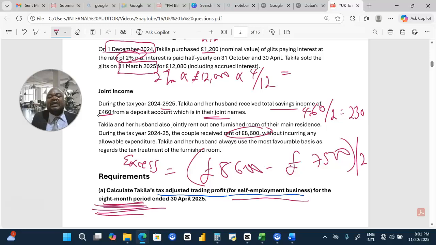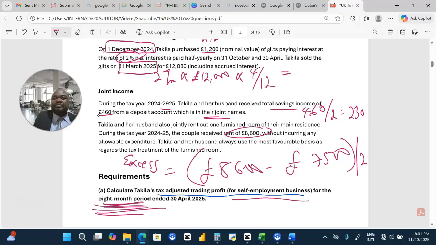That excess is not wholly going to be taxed in the hands of Takila, because this is a jointly owned room. Even in the hands of the husband, the excess is to be taxed. So we are only looking at the part which Takila has to be taxed upon, which is the excess divided by 2. Good.